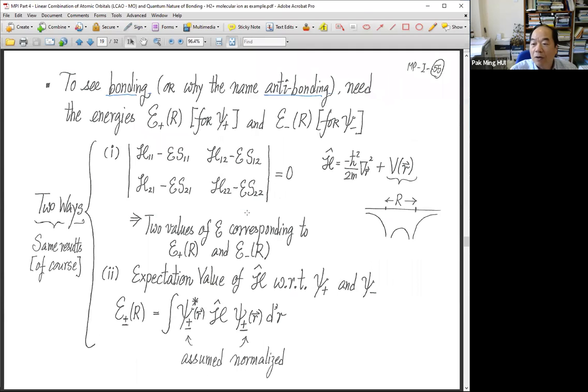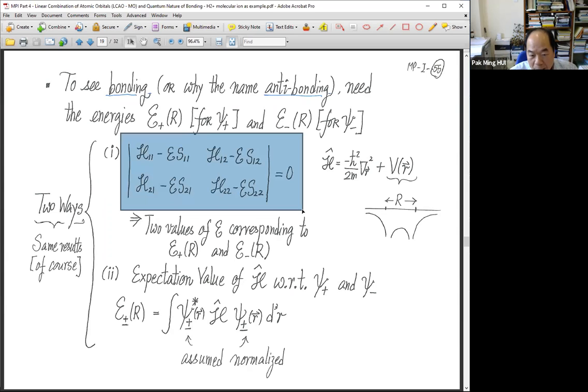And now I will just sketch you the answer, and then I will come back to this point after your so-called reading week. Okay, I hope that you do read. Now, if we want to do something more seriously, we should do the following. We have this LCAO as trial wave function.